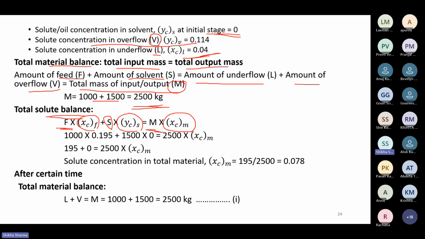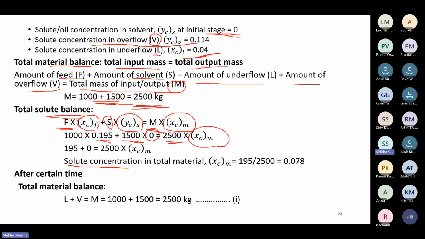Feed amount is 1000 kg times 0.195, plus the solvent 1500 kg times 0, equals M. The total mass is 1000 plus 1500, which is 2500, times the oil concentration in the total material, which we consider as xM. Here 1500 times 0 is 0 and 1000 times 0.195 is 195, and on the right-hand side we have 2500 times the solute concentration of the total material.